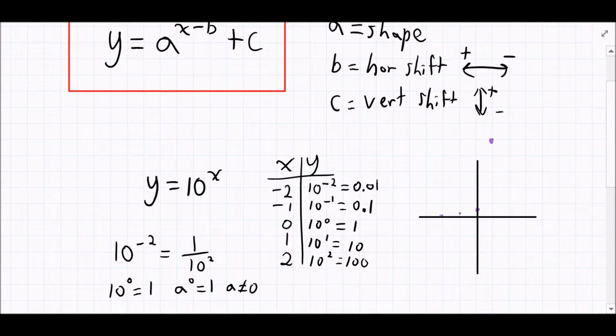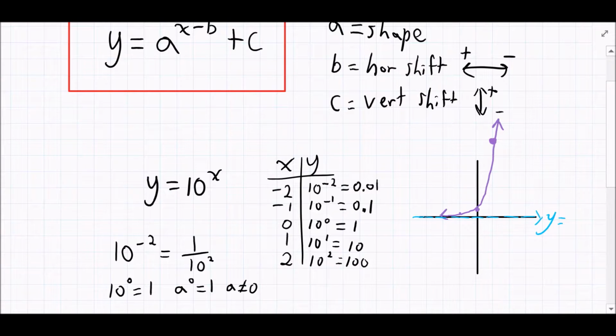And on the negative side, it's getting smaller and smaller and smaller, but on the positive side, it's quickly increasing and getting bigger and bigger and bigger. Now, when a curve is approaching a value but never actually gets to it, we like to put something called an asymptote there. So in this case, there's an asymptote sitting right on the x-axis.